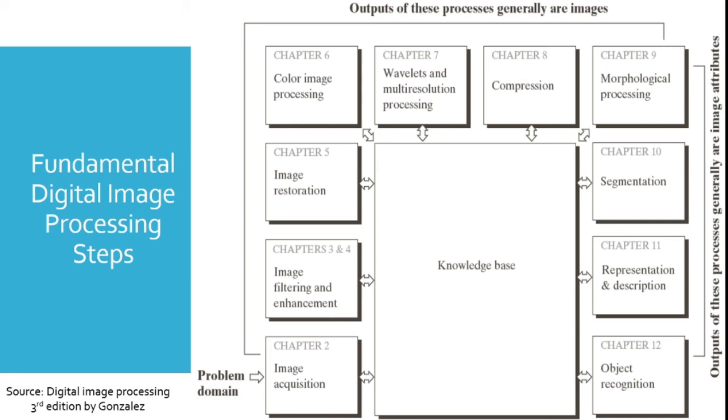After that, segmentation takes place, where you can divide the image into different segments and identify your respective information. Representation and description take place during this scenario. Last but not least, the object recognition system takes place to identify which object is in the image. This whole scenario belongs to the knowledge base, so we need some images through which we can find out all this operation, and all these operations are the summarization of digital image processing.